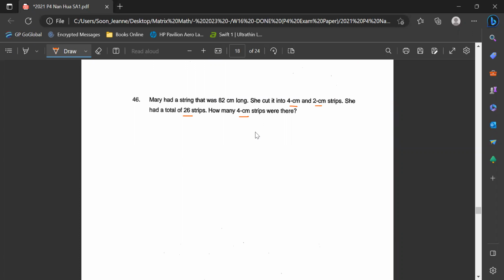So if I want to find 4 cm, we will suppose all are 2 cm. So if all are 2 cm, the total length will actually be different. So I will take 26 times 2, equals 52 cm.